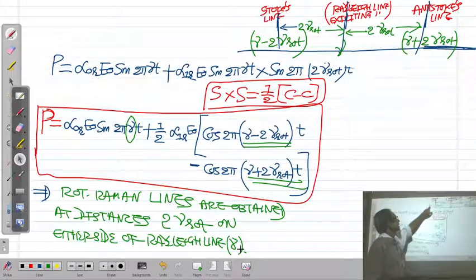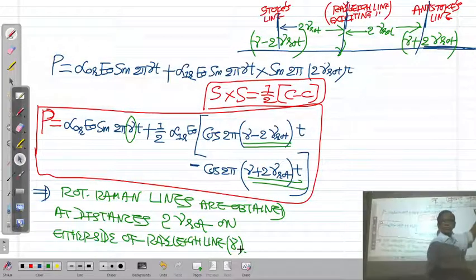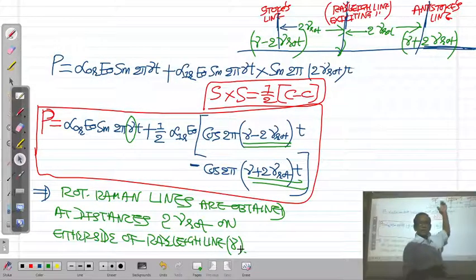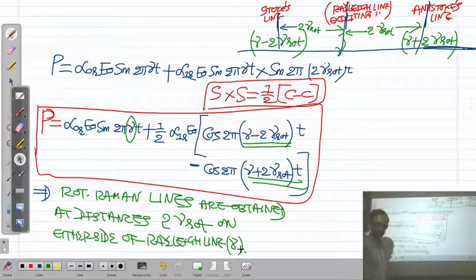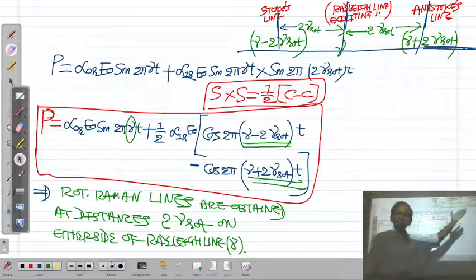We get the Stokes rotational line at frequency nu minus 2 nu rho, and the anti-Stokes rotational line at frequency nu plus 2 nu rho, on either side of the Rayleigh line having frequency nu. So this is the explanation of the classical theory of the Raman effect.